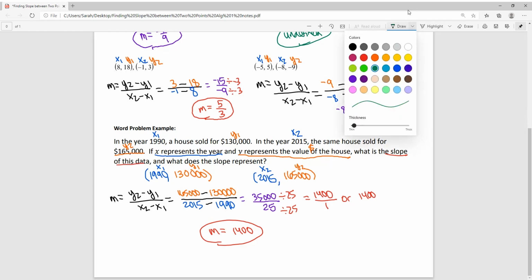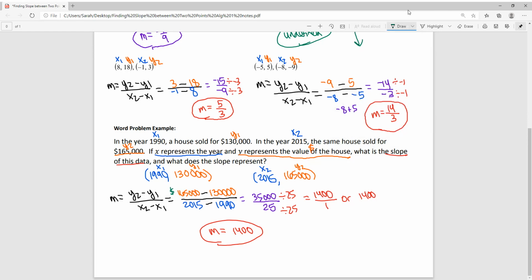The second question it asks is, what does the slope represent? So I didn't write units throughout this, but the top number has been money all along. The bottom number has been years. And so what we see here is that for every 1 year, the value of the house, since it's positive, is going up by $1,400. Let's write that out.